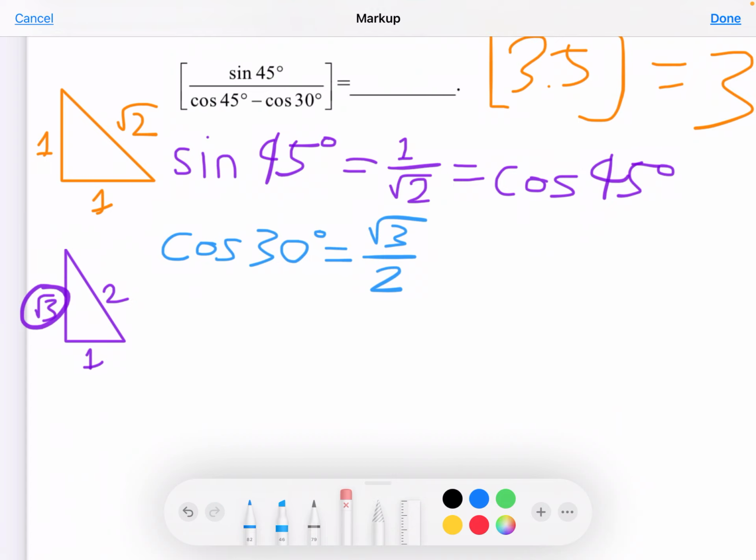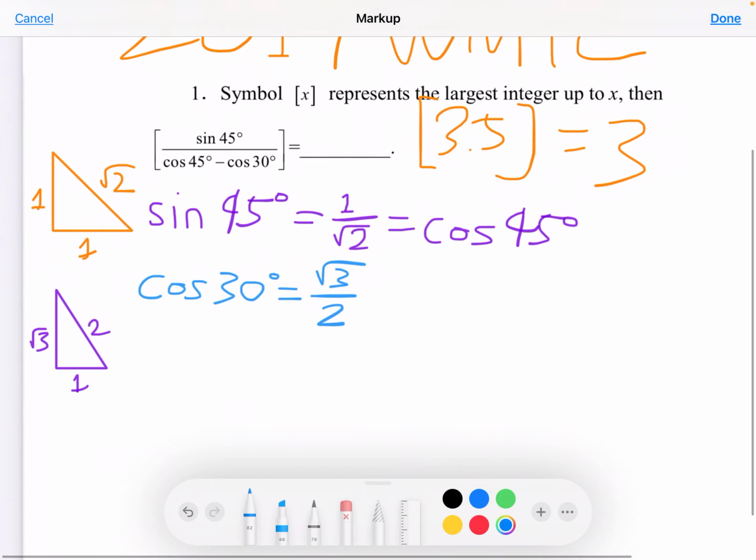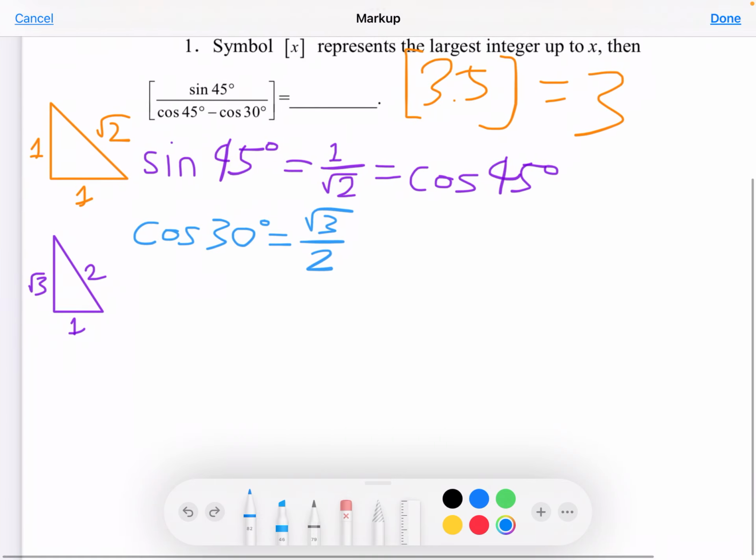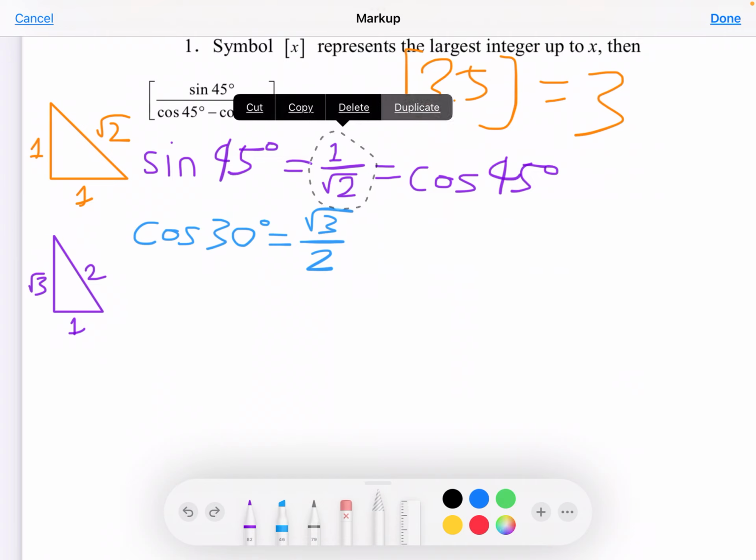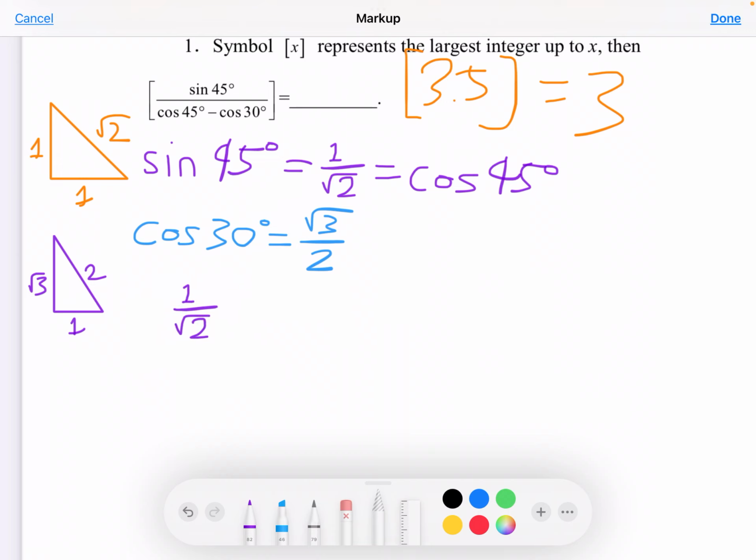With that in mind, we can now solve for this business over here. So we have sine of 45, which is 1 over square root of 2.